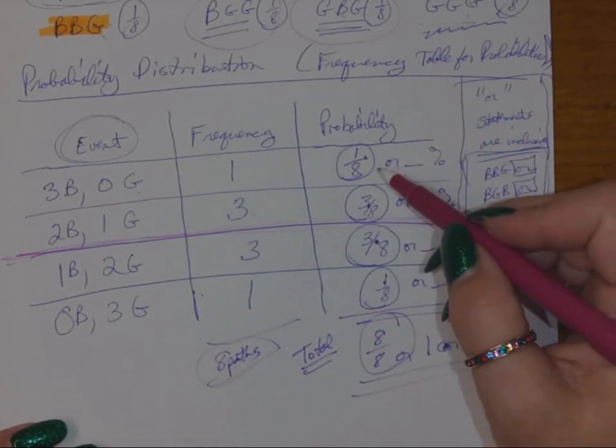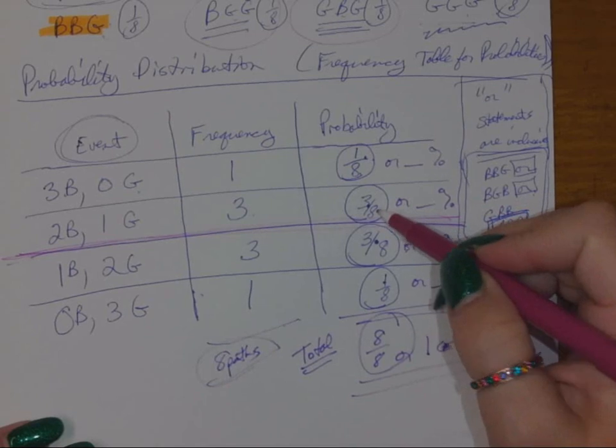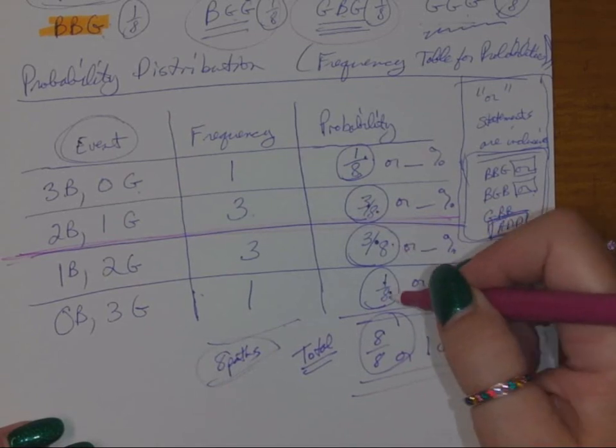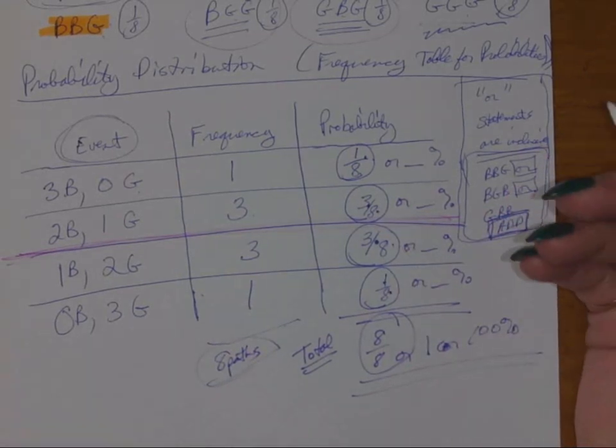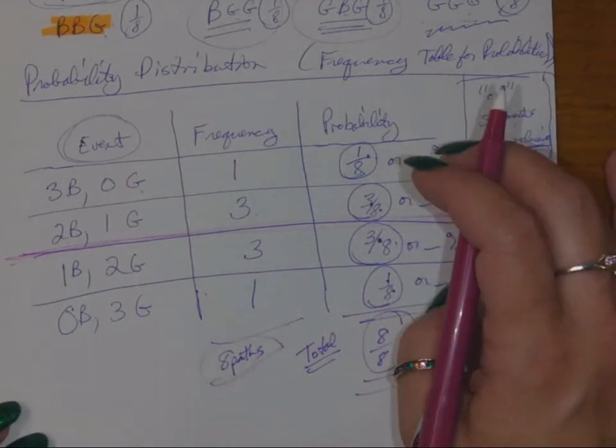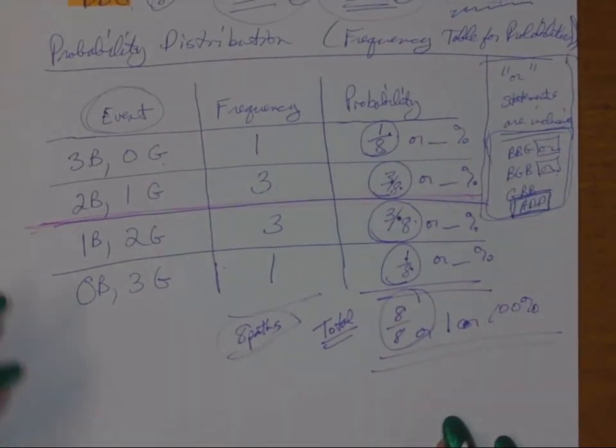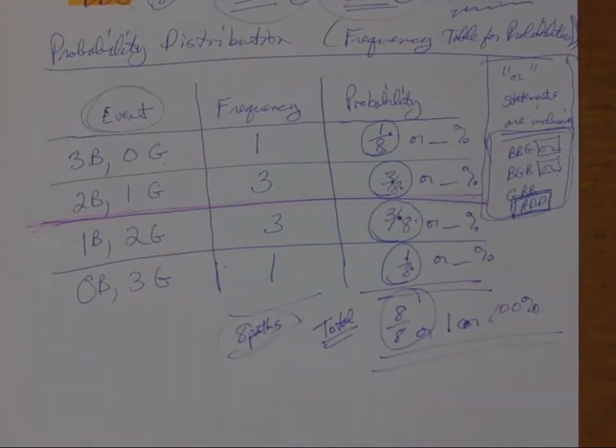I have a reflection going on, 1/8, 3/8, and then 3/8, 1/8. So if this is a fair thing, then a lot of times we'll have that happening when we look at our probability distribution tables. Make sure when you add all those up, they all add up the same.